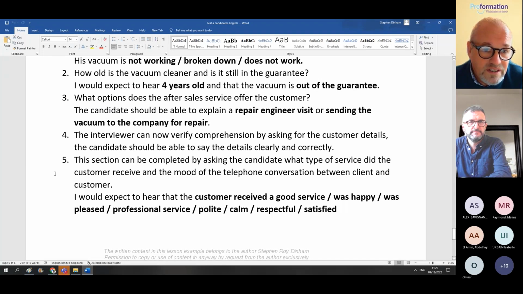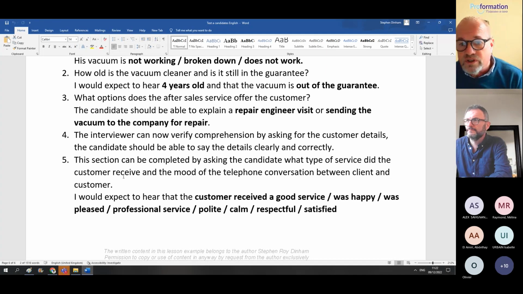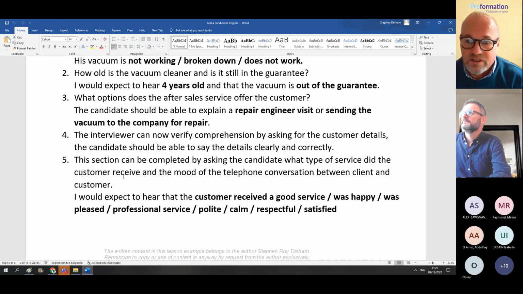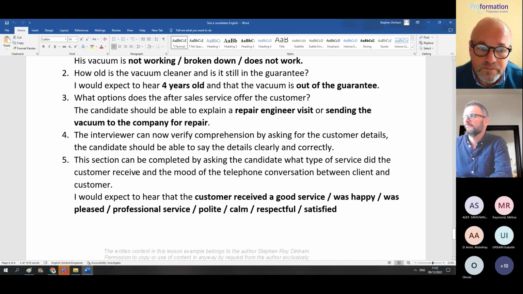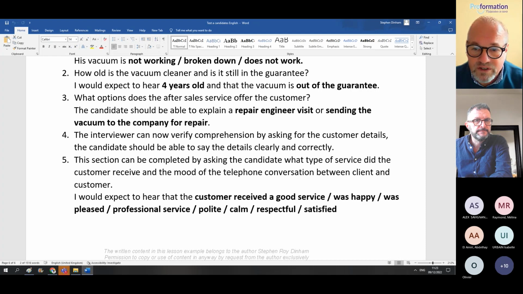Number 5. This section can be completed by asking the candidate what type of service did the customer receive and the mood of the telephone conversation between client and customer. I would expect to hear that the customer received a good service, was happy, was pleased, professional service, polite, calm, respectful, satisfied.